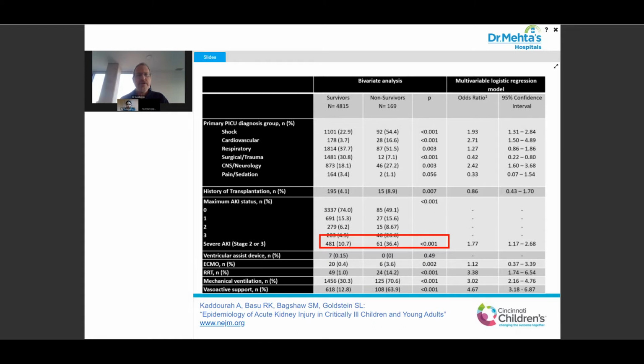And then when we controlled for all the 16 variables associated with mortality, we found that stage 2 or 3 AKI conferred a 77% increased risk of mortality, and that was statistically significant in this very large study. So I think we know now we don't need to do large prospective studies of the general ICU population. With 5,000 patients evaluated, we have answered this question.